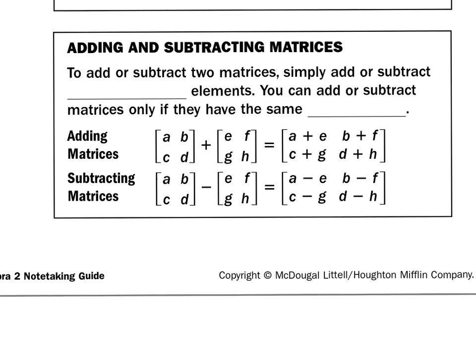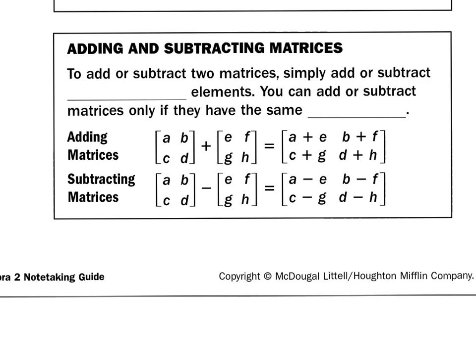Adding and subtracting matrices. To add or subtract two matrices, simply add or subtract the corresponding elements. Notice you can only add or subtract matrices if they have the same dimensions.